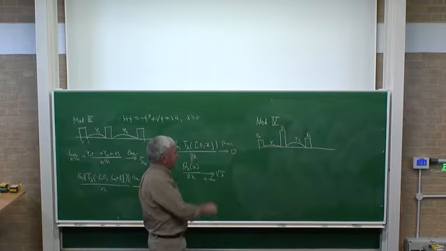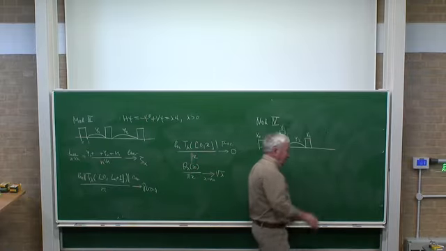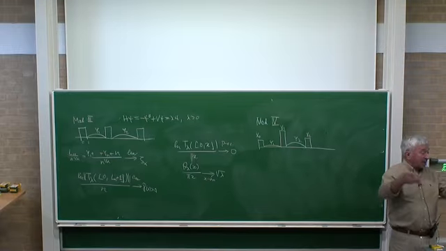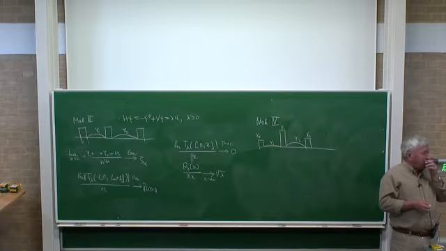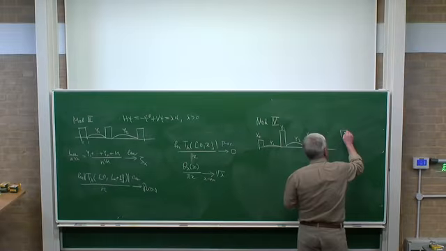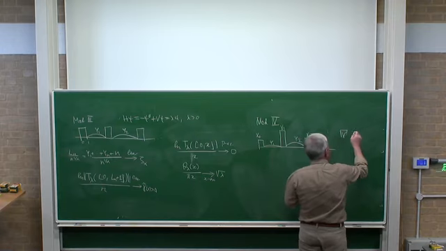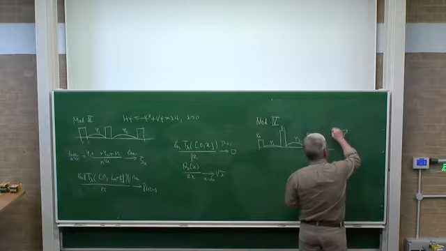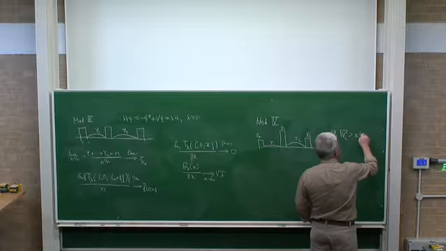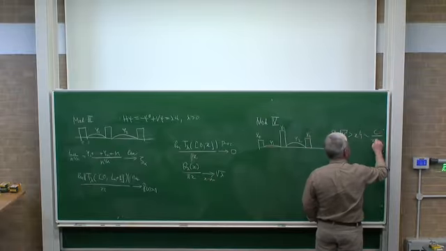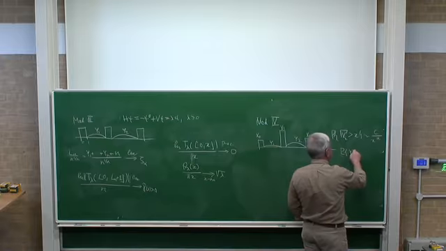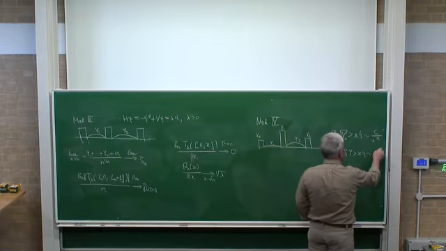And assume that all random variables x1, x2, that is the heights of the bumps, are independent from the gaps, and assume that both of them belong to the domain of attraction of a stable law. Assume the probability that the square root of x is greater than x is equivalent to a constant over x to the power alpha, and the probability that y is greater than x is also equivalent to a constant over x to the power alpha.